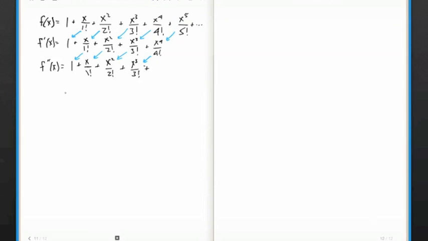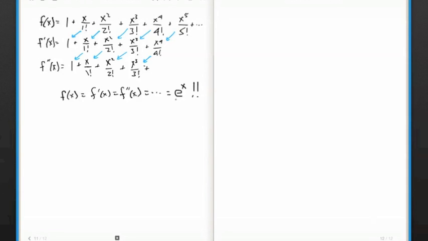So I can write that f of x is the same as the first derivative of x equals the same as the second derivative. So there's only one thing that this could be, and that's the exponential function, e to the x.